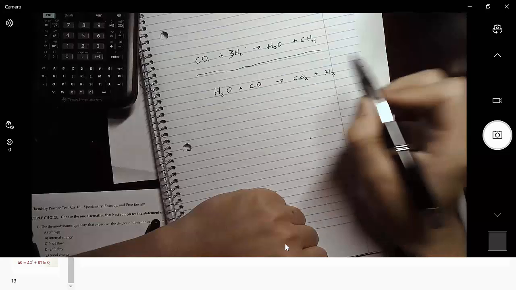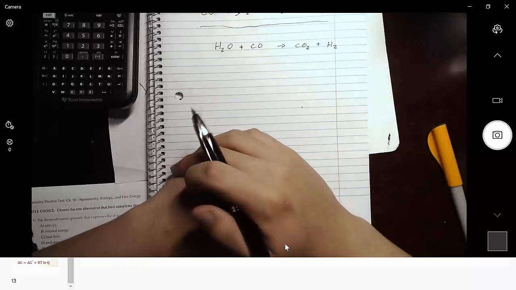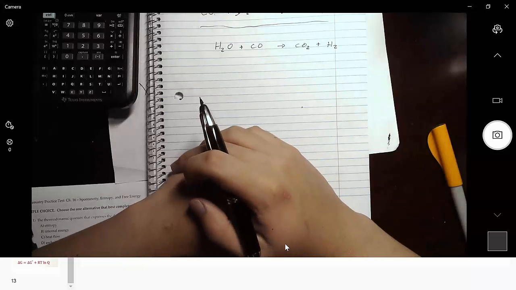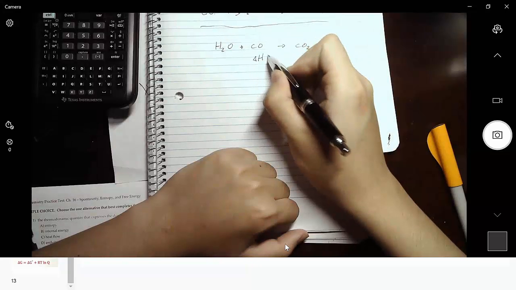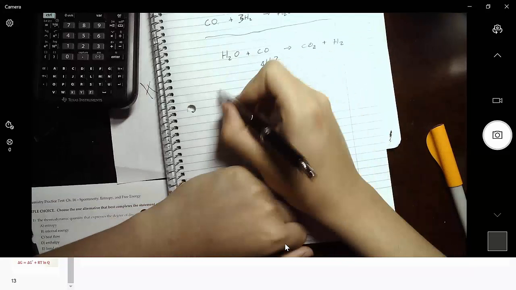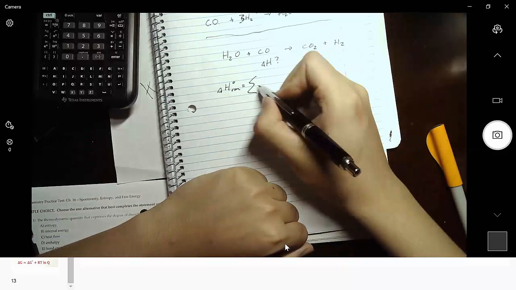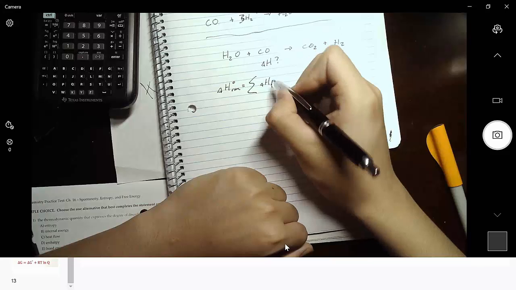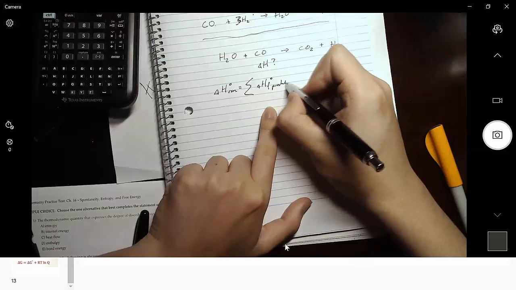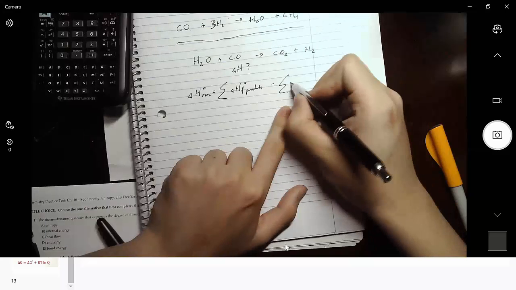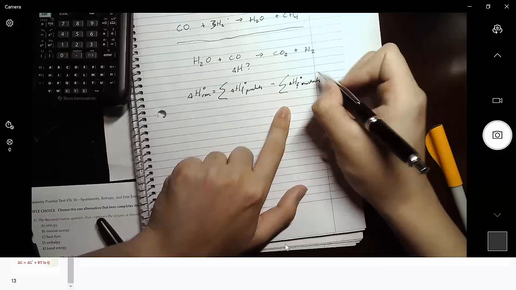So the water gas shift reaction. This is how we produce hydrogen. So the water gas shift reaction. What's the delta H of this reaction? Well, the delta H equals the sum of the delta H of formation for the products minus the sum of delta H formation of the reactants.